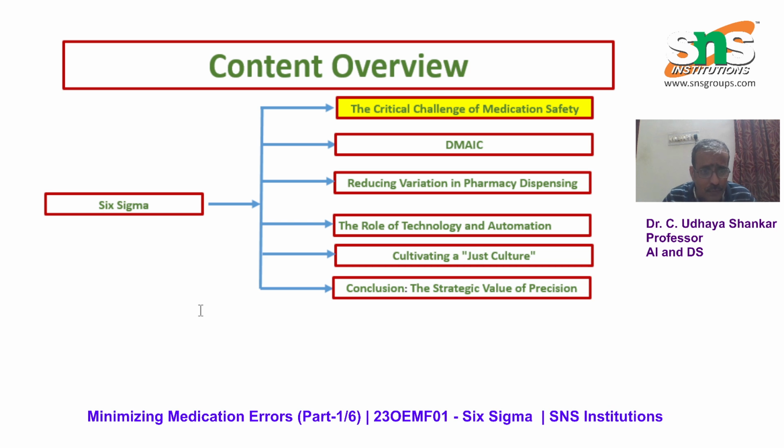Then we will discuss how to reduce variation in pharmacy dispensing, as well as the role of technology and automation, how to cultivate a good culture, and concluding strategies for the pursuit of precision. Everything we will discuss in this series of sessions.